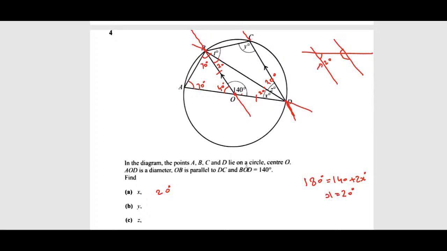Now you can think about those concepts, the cyclic quadrilateral thing. Y will be 110. Very good. Because the opposite angle is at A, right? And what about T? That's also very simple now.